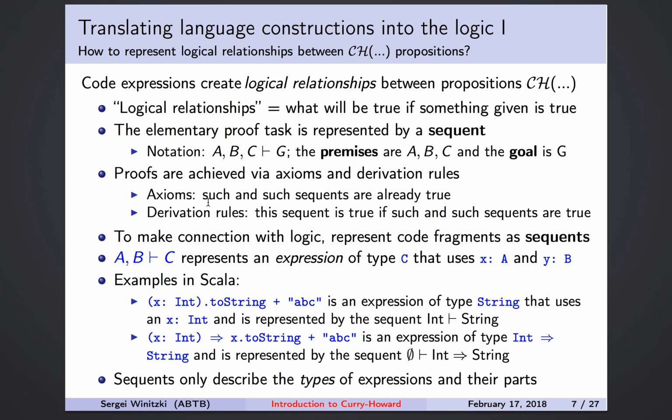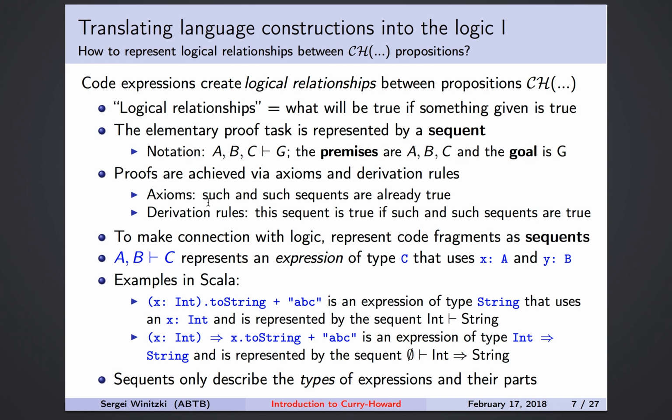So that would be a logical relation of entailment between propositions, and that's what logic usually studies. So if we understand purely on the logical side how to derive one proposition from another, we will be able to make conclusions about programs, about what kind of types can be computed if some other types are given or can be computed.